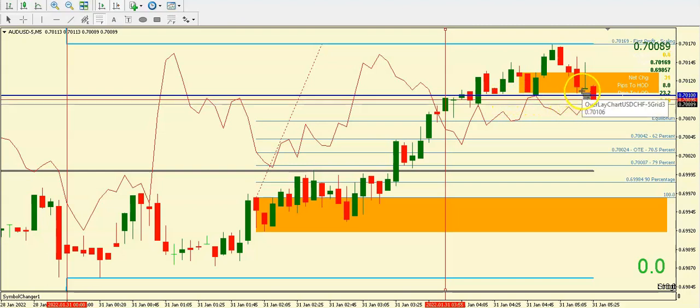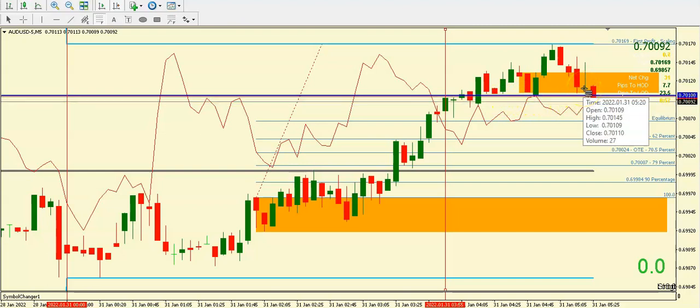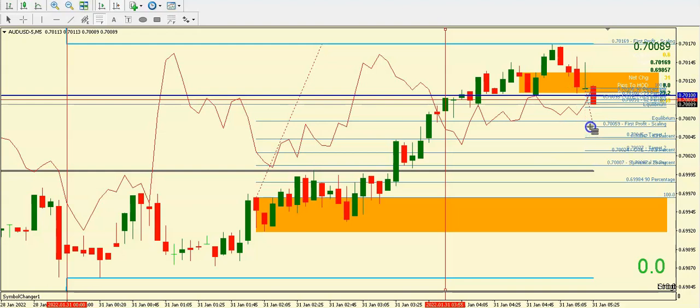So if I count this, then it will be this, and then we will pull it down till it turns around. And this is just a guess. That would be here, if it turns around off of this little imbalance here. It could turn around off of this candle itself, and pull back up into here.